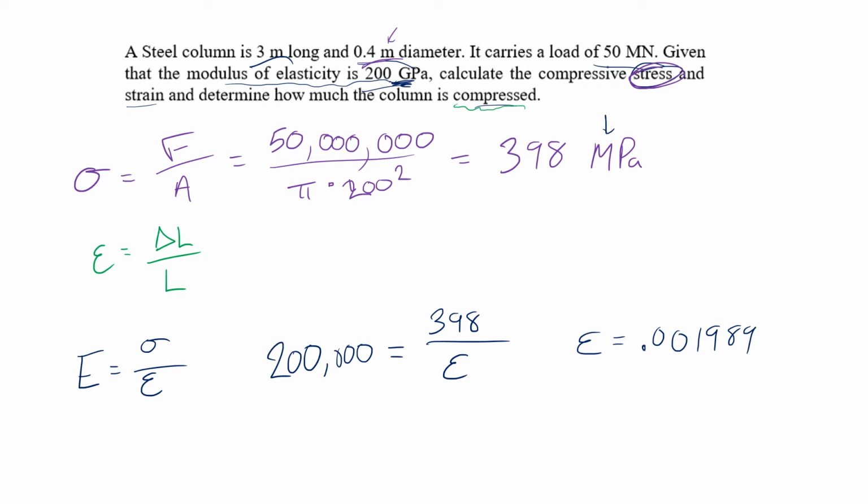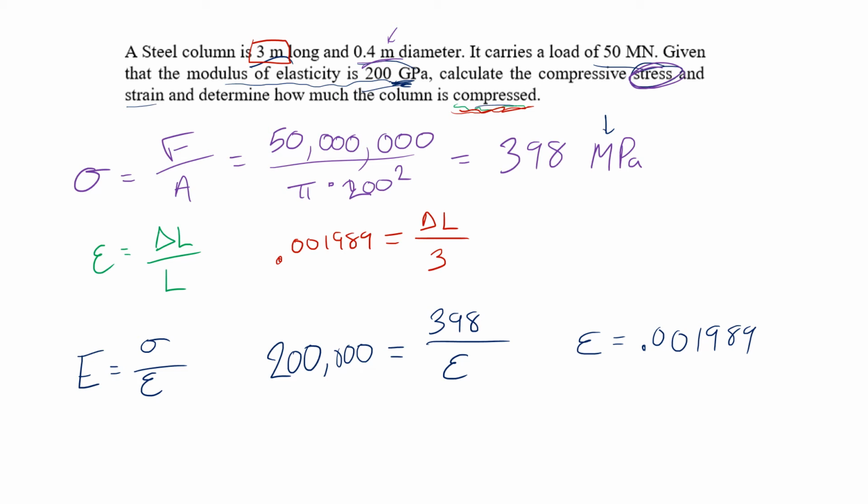So once we have that, now we can figure out how much it's compressed. We know the strain. The strain is 0.001989, and that is going to equal our delta L divided by our original length. Our original length was 3 meters. So we can just leave it there, and our answer will be in meters, or we can switch it to millimeters if you want.